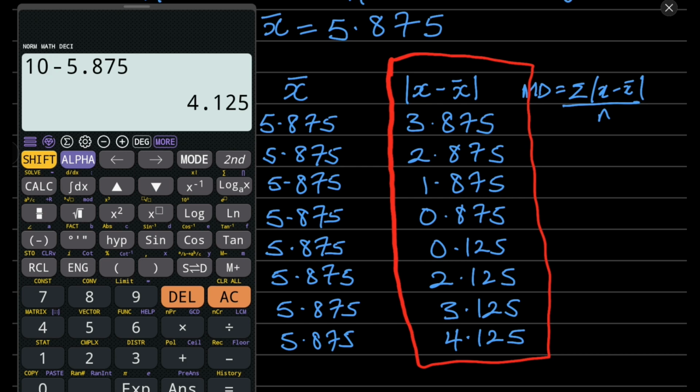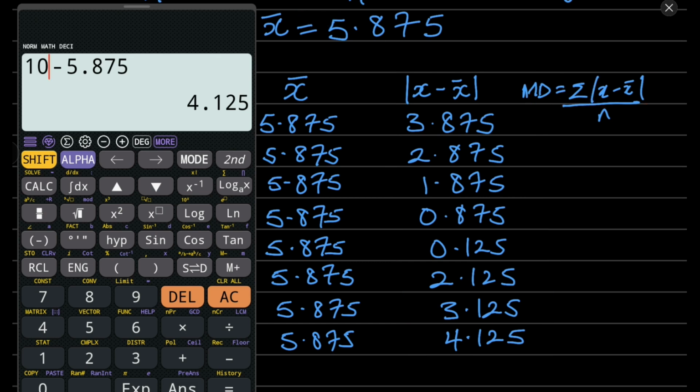The next thing is to sum up the deviations according to the formula. Add up all the deviations together. That is what the summation sign means. So that's all we need to do right now. Sum up all the deviations.